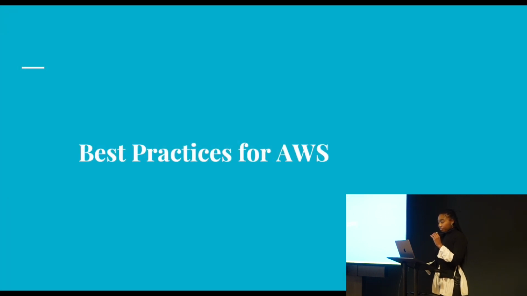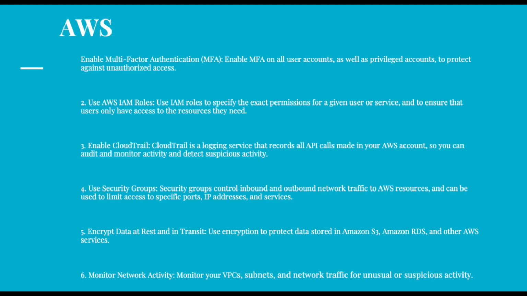Next slide. I'm just going to go through a lot of the best practices that I've used when implementing security for the cloud. I didn't add Oracle, so sorry for the Oracle fanatics. I've just concentrated on AWS, GCP, and Azure. I'll start with AWS. I know it seems pretty simple to some, but you'll be surprised that quite a lot of organizations don't really understand or implement multi-factor authentication.